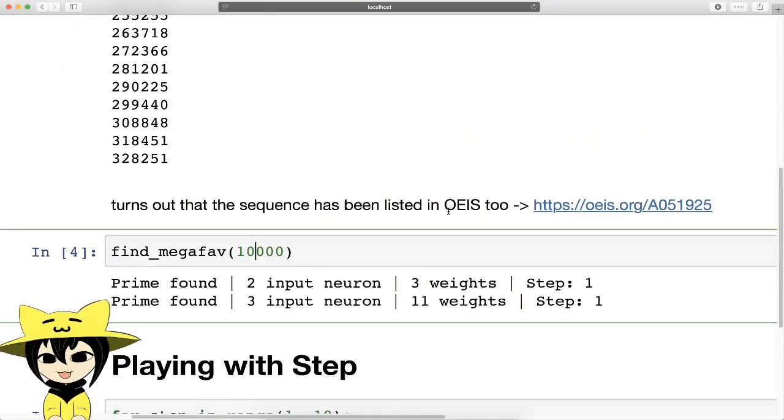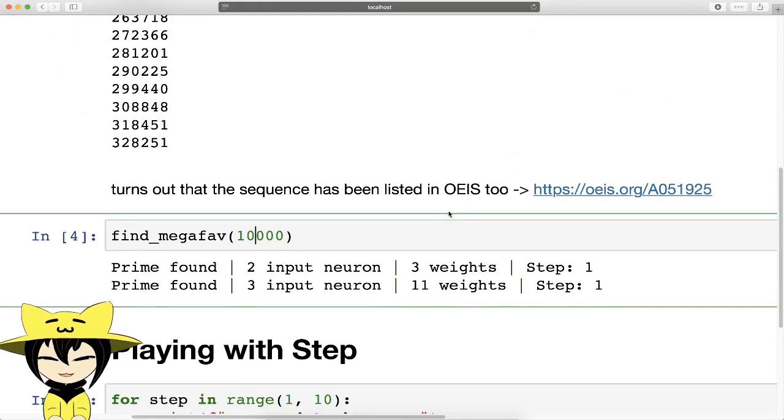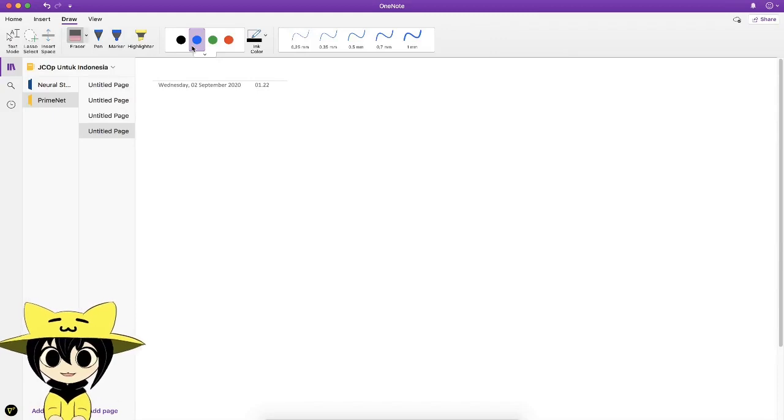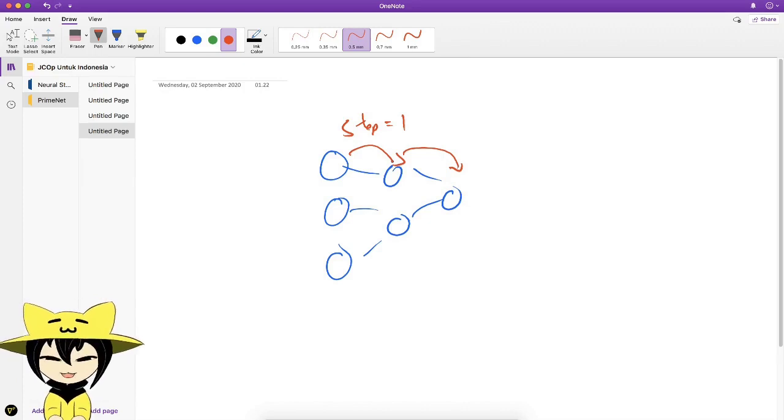So we could try another approach to find the MegaFav number. Previously we had a neural network that looks like this, and the number of neurons decreases by 1: step 1, step 1, step 1. We could not find a prime number out of that.